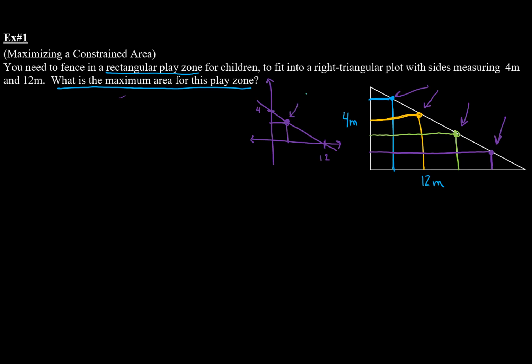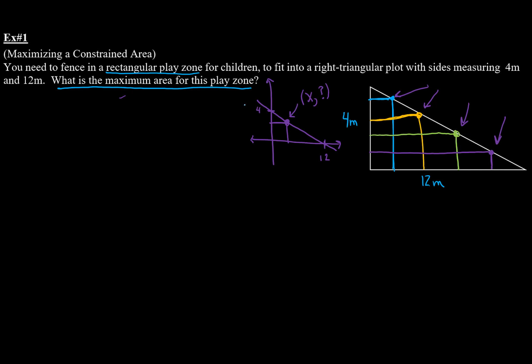As I slide this random point here, I need to know what's the equation of the line, because as I move that point around, if I have the point up here high in the triangle, I've got this blue area rectangle for play zone. If I move my point here, I've got the orange area for rectangle, green area, and purple area. So again, we're just imagining this random point on this very specific line.